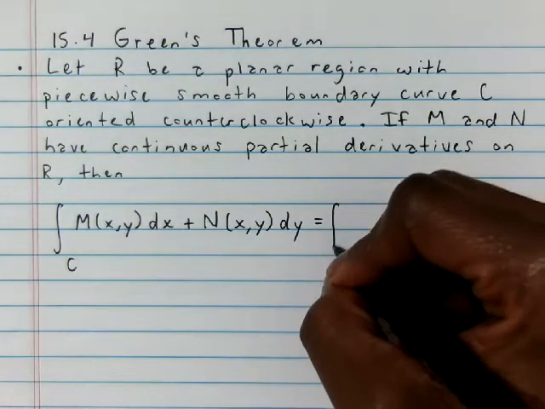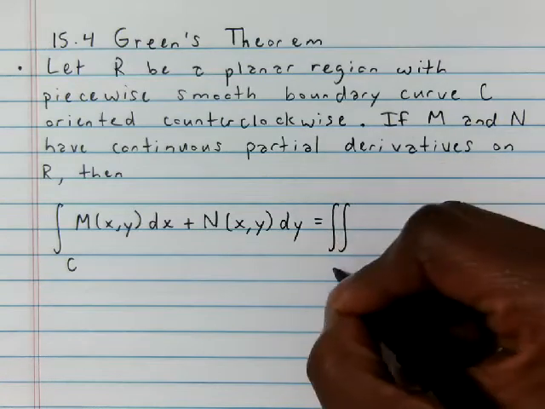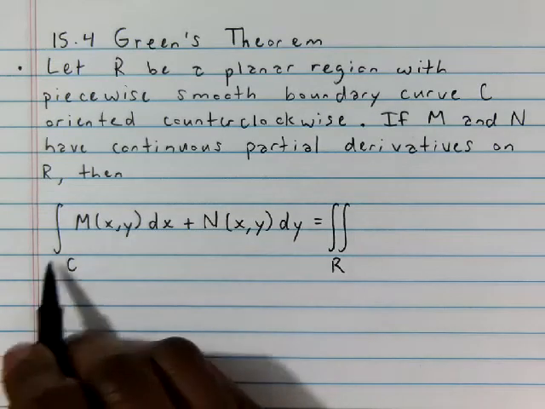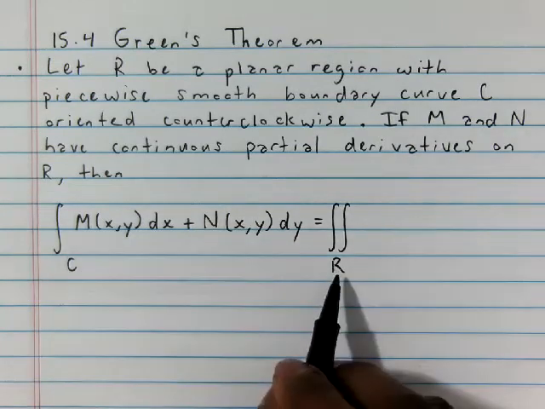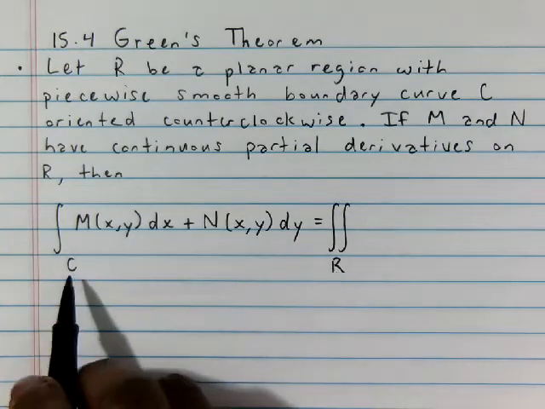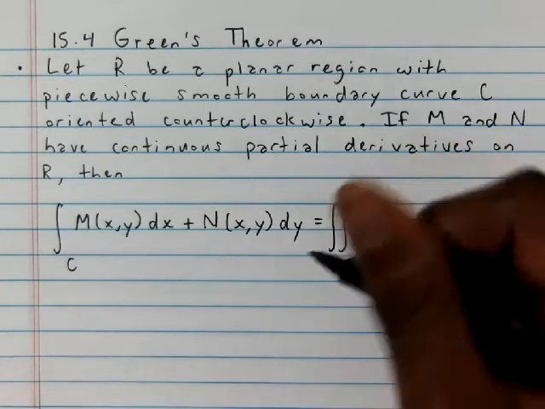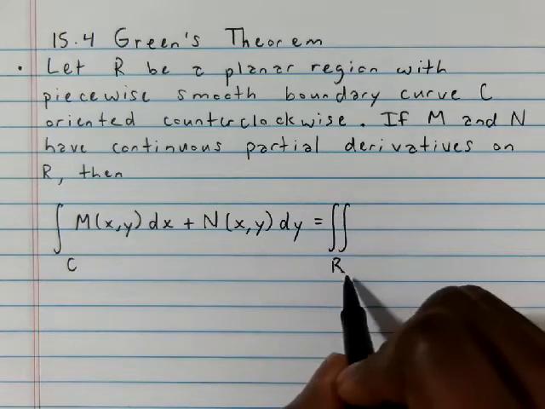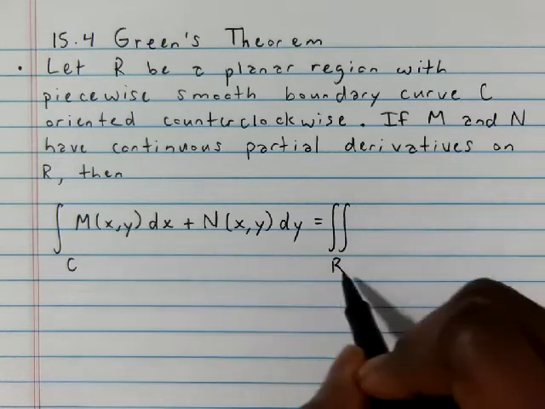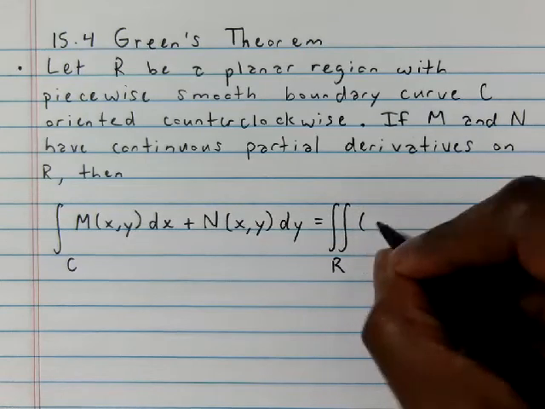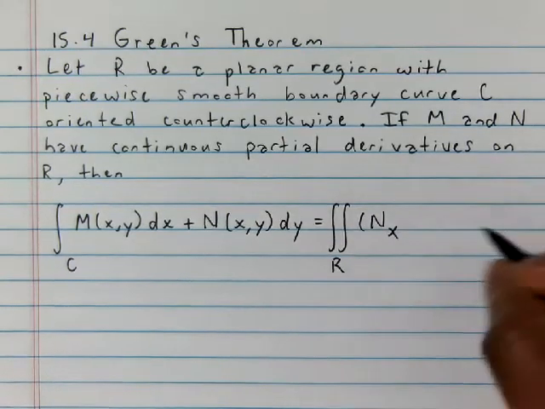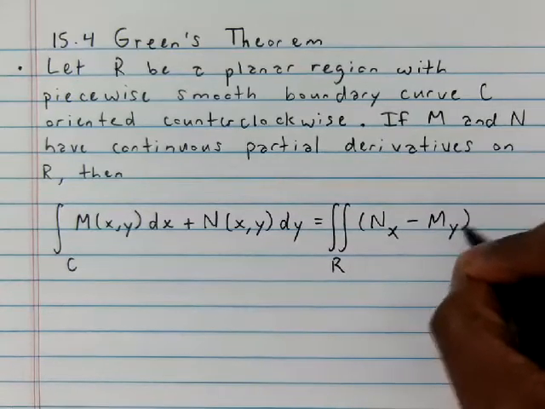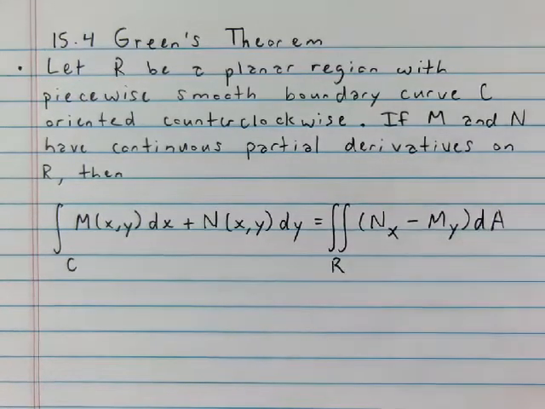equals the double integral over the region R that C is the boundary of. So we have some planar region R and it has some boundary curve C. So this line integral over that boundary curve C is equal to the double integral over the region that C encloses, R, of the partial of N with respect to x minus the partial of M with respect to y dA.